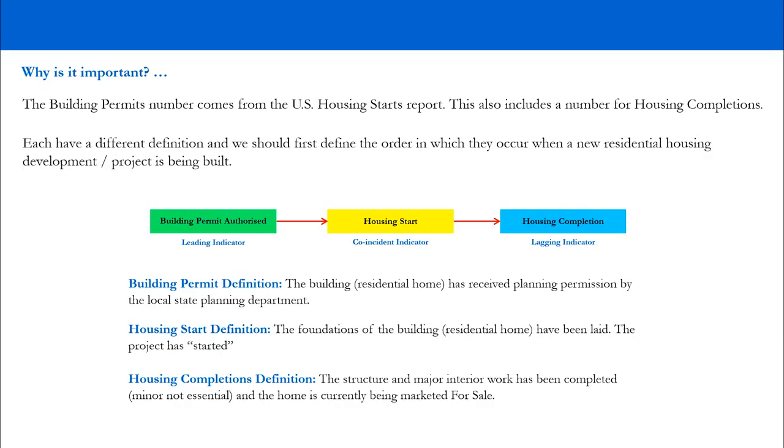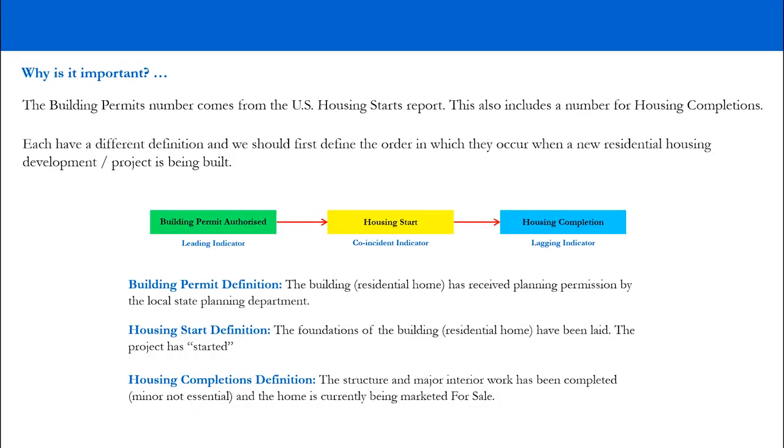And the reverse is true. If the building permit number is very, very low, so the amount of applications statewide that go into local state planning departments is really low, then it means that there are going to be fewer housing projects started, so fewer housing starts, and therefore further down the line, fewer completions.